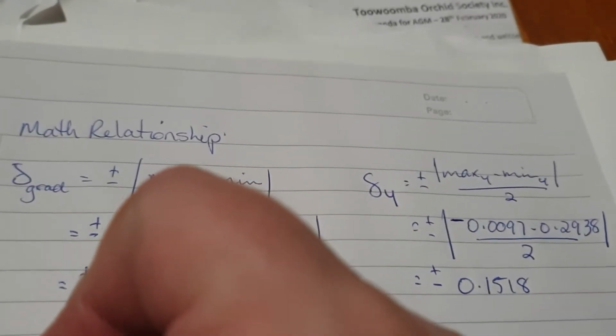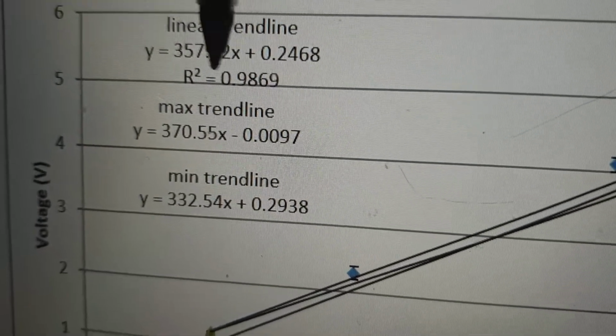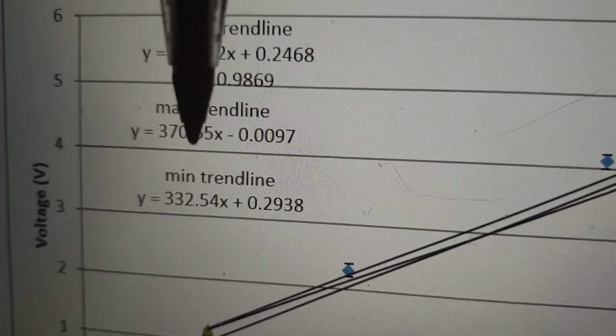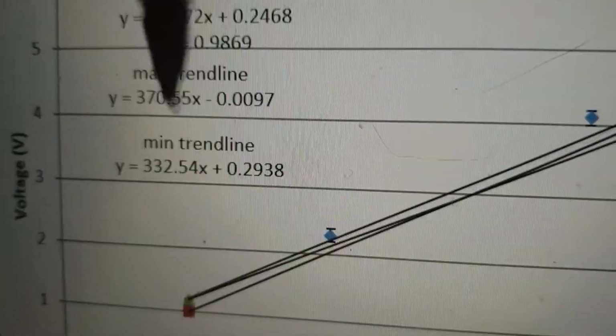Righto, so I go back to our linear trend line. I've used those gradients and those y-intercepts.